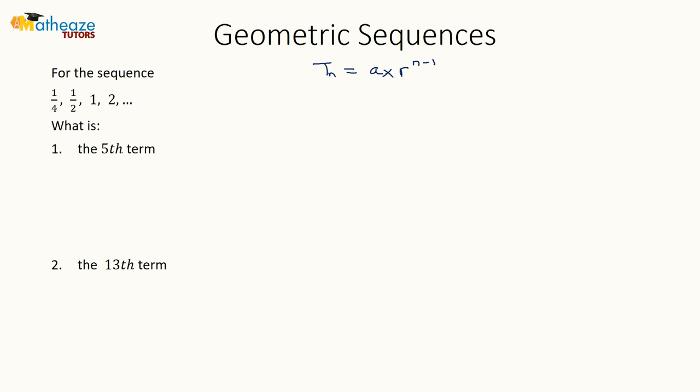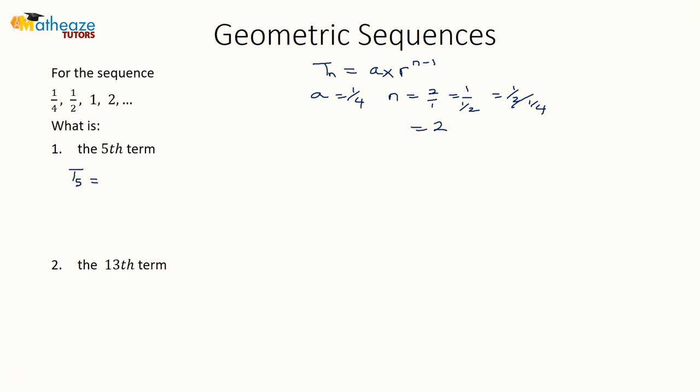So for the fifth term, first we identify that our A is 1/4, and if this is a geometric sequence, our ratio is 2 over 1, equal to 1 divided by 1/2, which is equal to 1/2 divided by 1/4.